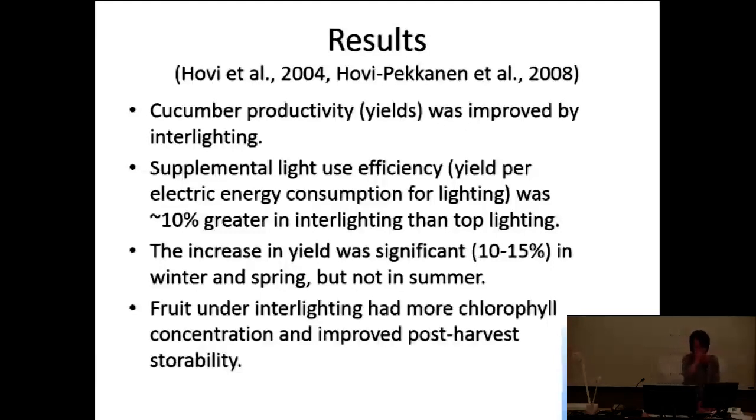And yield increase was 10 to 15% in winter and spring, but not in summer, because in summer you already have a lot of light, enough to drive the whole plant or canopy photosynthesis, and maybe the lower leaves are already receiving good light. And interlighting had more chlorophyll in the fruit, therefore post-harvest storability was improved. So it's a happy ending story, basically. It's nice. The hypothesis worked and increased the yield.